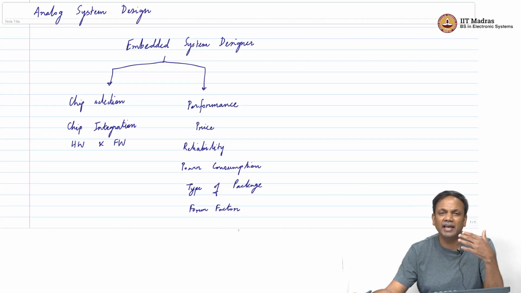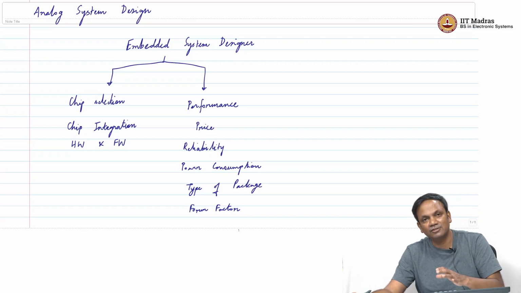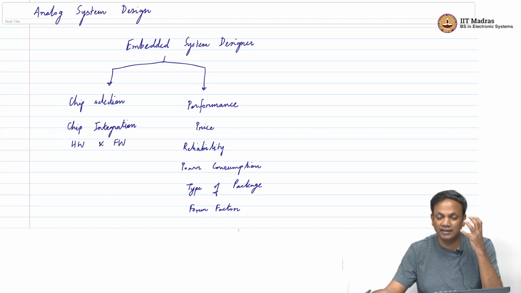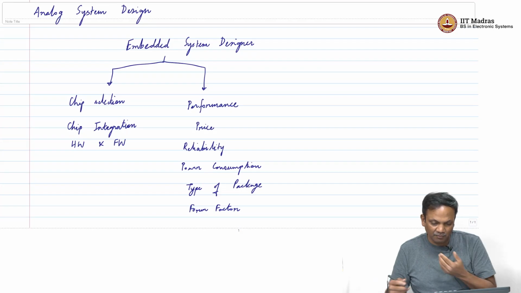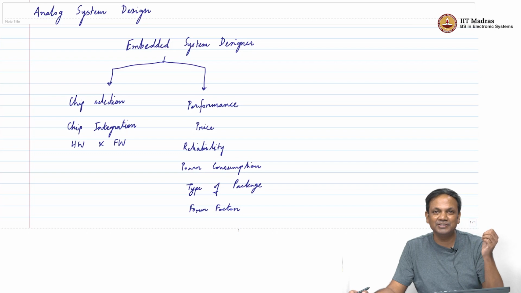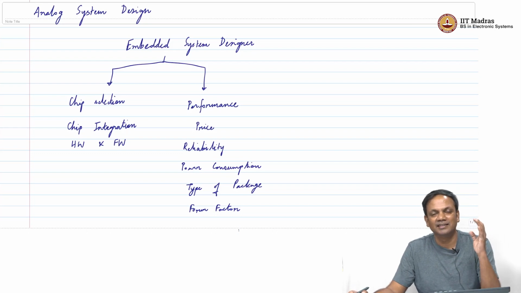For any subsystem I design, I need to think about that design in the context of these 6 parameters. That is how you would expect an embedded system designer to think and work on their set of challenges.